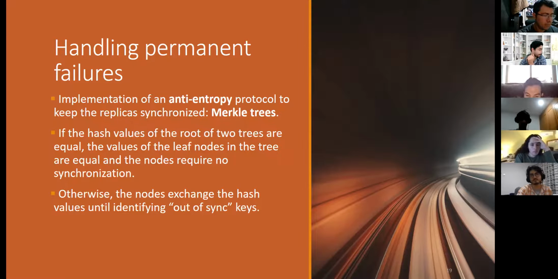Otherwise, the values of some replicas could be different, in which case the nodes may exchange the hash values of children, and the process continues until reaching the leaves of the trees, which will have the keys that are out of synchronization. Using these Merkle trees, Dynamo minimizes the amount of data that needs to be transferred for synchronization.